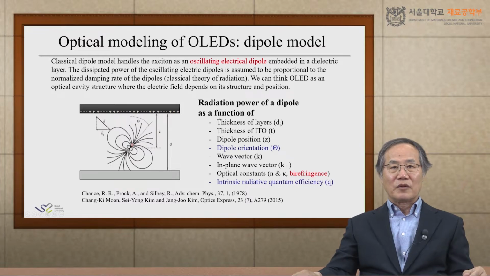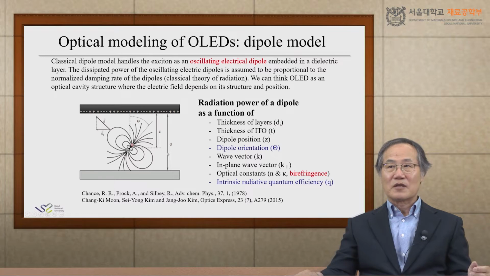And then the radiation power can be obtained as a function of many parameters in the device: location of dipoles, orientation of dipoles, and radiative quantum yield. And you need to consider the Purcell effect, which has the radiative dipole transition rate influenced by the electric field.